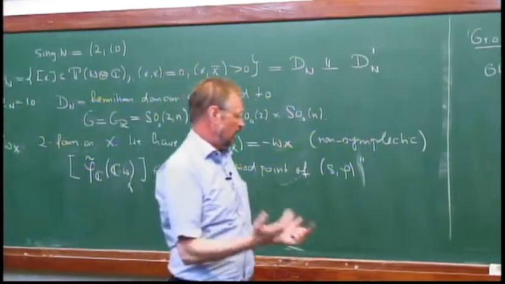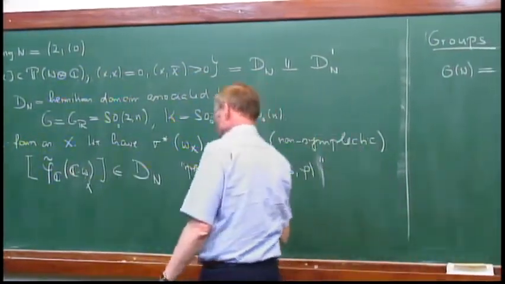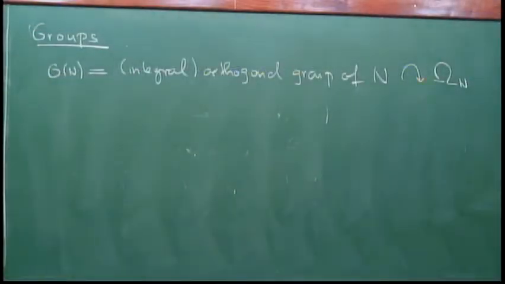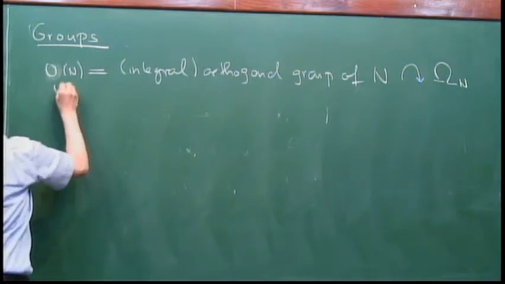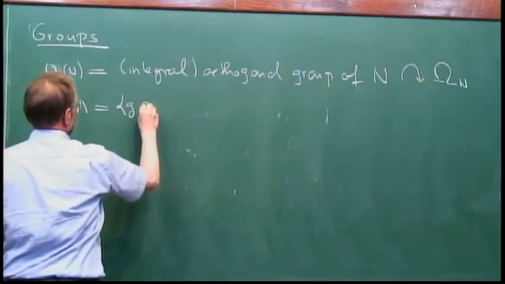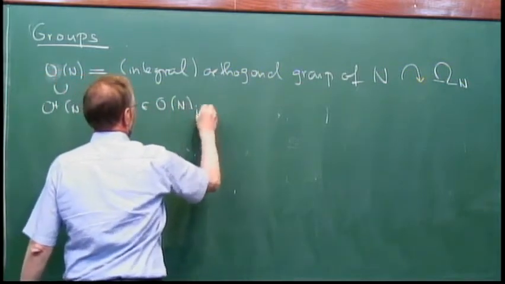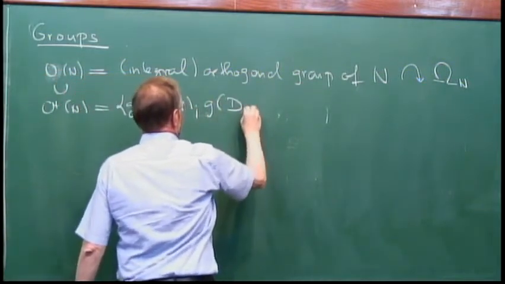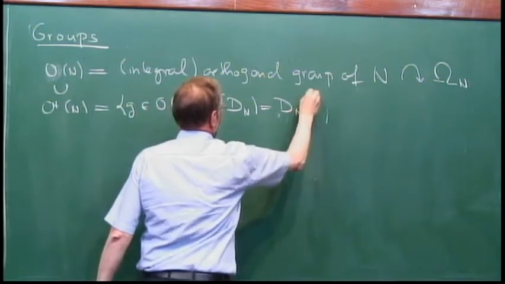And I look at the subgroup which fixes the components. That's typically called O plus of N. This is all g in O(N) which fix the components.